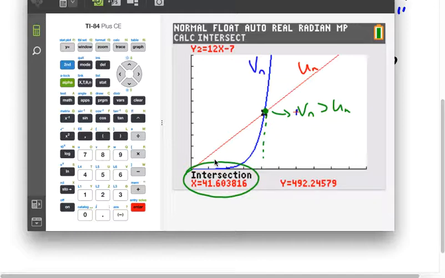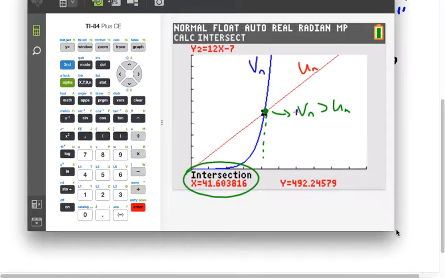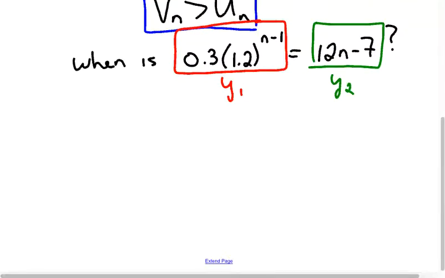Okay, so if I were to just take a screenshot of this, let's see if this will work. And we're going to put that screenshot right in here.